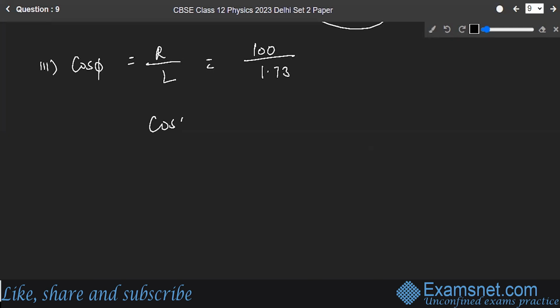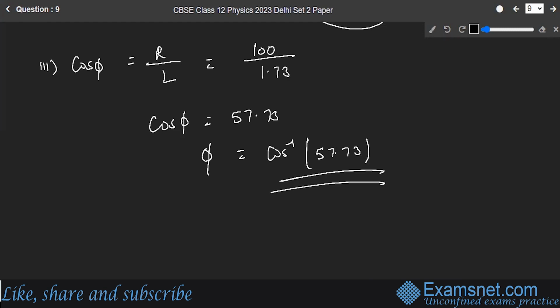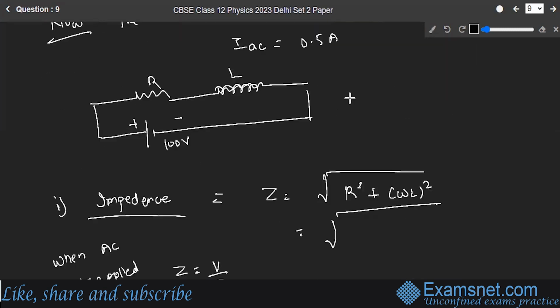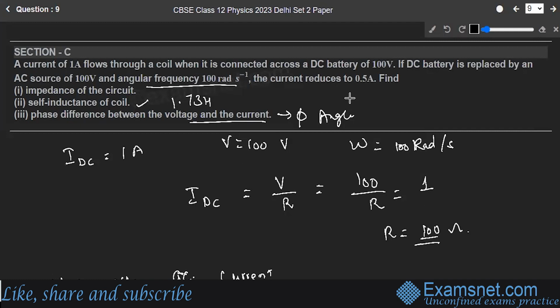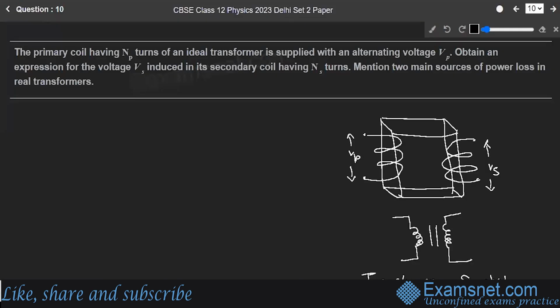So cos phi will be equal to 57.73. Phi will be equal to cos inverse of 57.73. This is the right answer to the question. Hope you understood this. Let's move to the next question then.